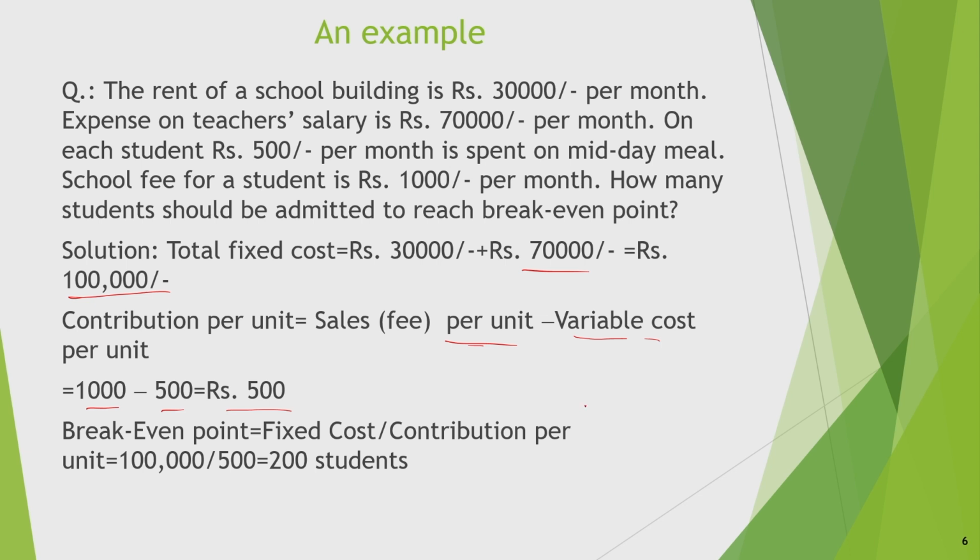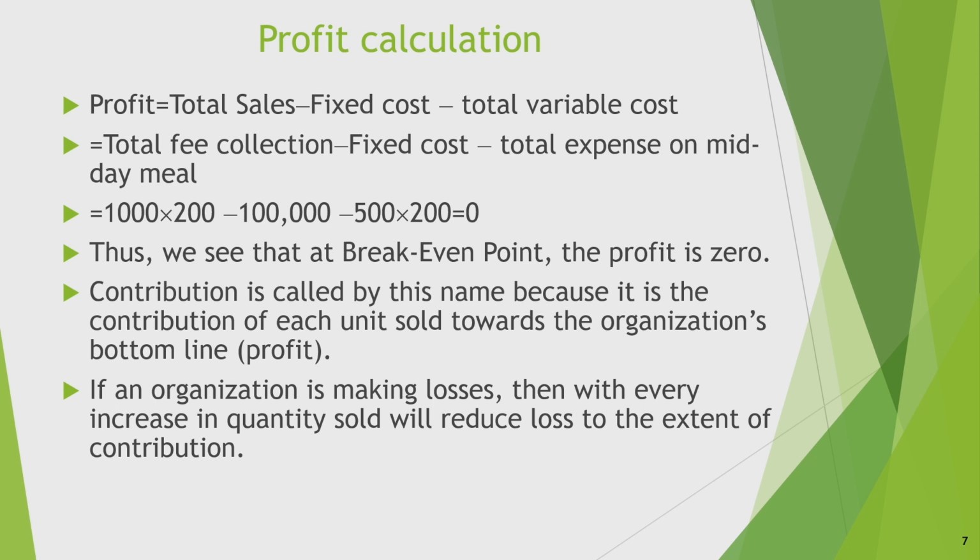Fixed cost is given as 1 lakh, and contribution per unit is 500. So therefore if you divide 1 lakh by 500, you get 200 students. So minimum 200 students you have to keep in your school.